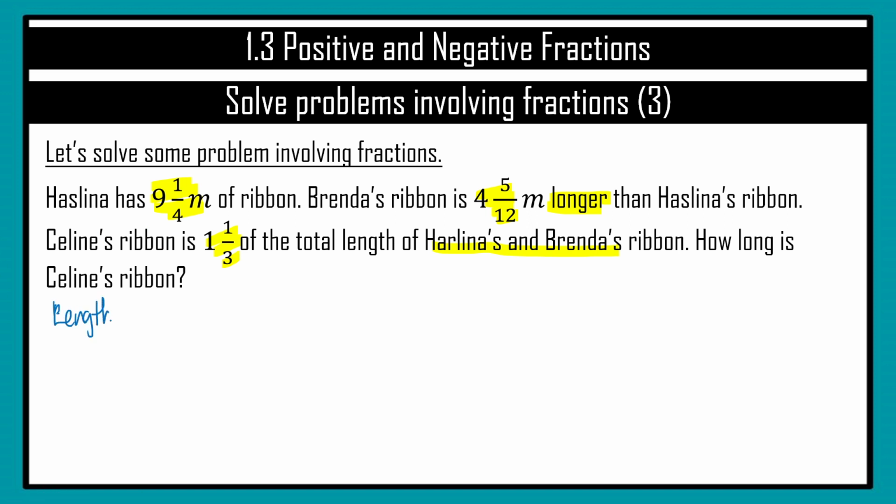Length of Brenda's ribbon. It's very simple. It says longer, so what we need to do is add on to Haslina's ribbon, which is 9 1/4, plus the length that it is longer, which is 4 5/12. Here you can use your calculator and calculate it straight away, or you can change them so that it is easier for you to calculate.